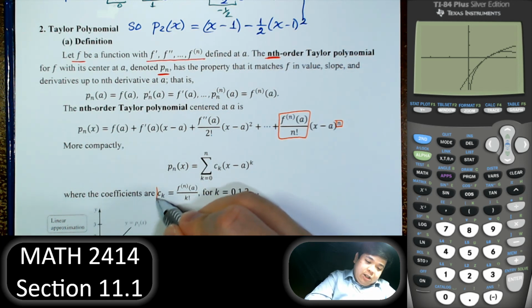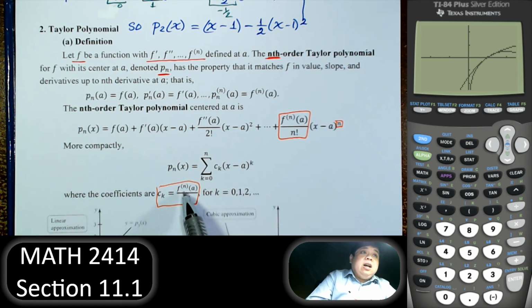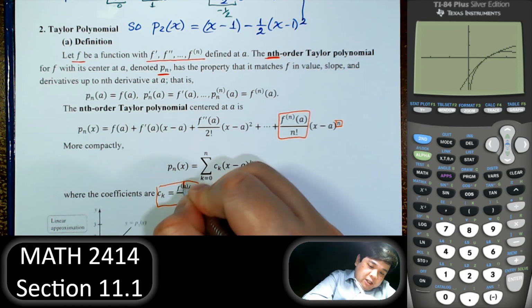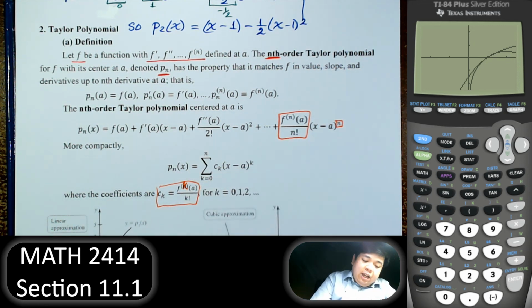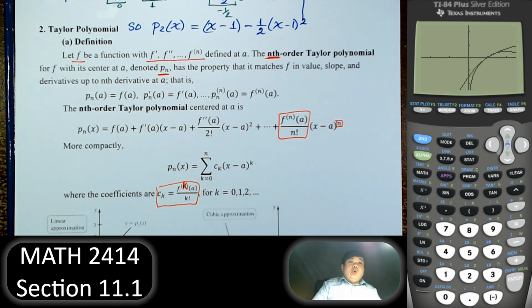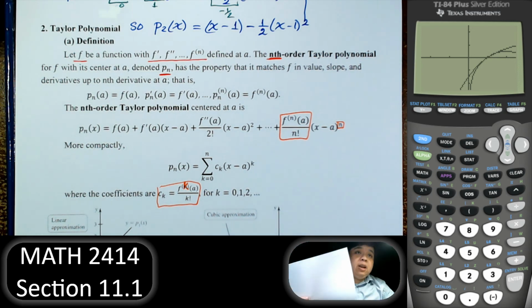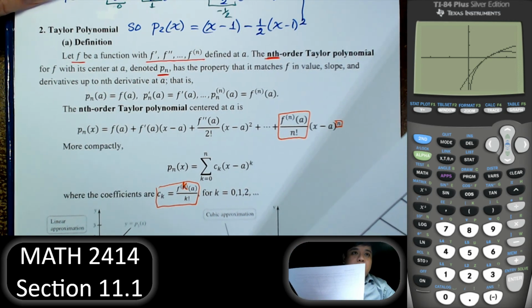The coefficient is given by the k-th derivative, sorry, this should be k, over k factorial, evaluated at a, and then x minus a to the k. Usually we do this in a table, so it's easy to organize things.